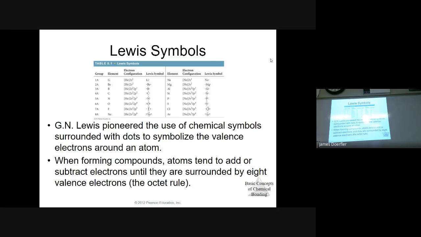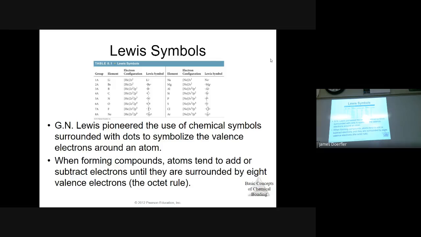But what it is, this gentleman by the name of G.N. Lewis pioneered the use of chemical symbols surrounded by dots that symbolize the valence electrons around an atom. So we all know what the valence electrons are. They're the electrons in the outermost energy level. And so when we have compounds that form, the atoms tend to add or subtract electrons until they are surrounded by 8 valence electrons, the octet rule.